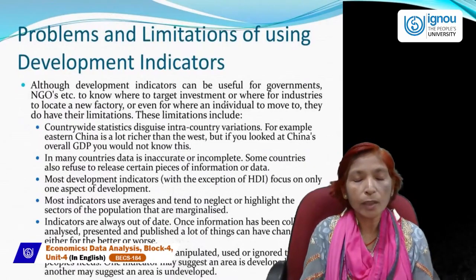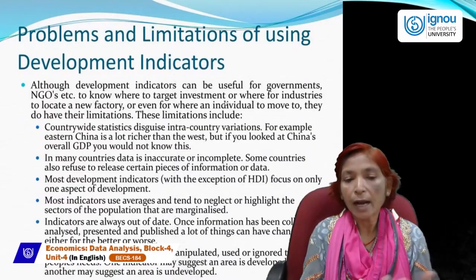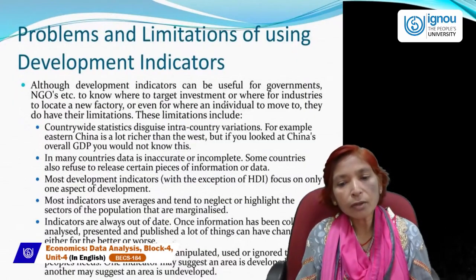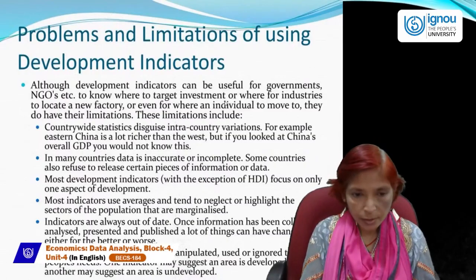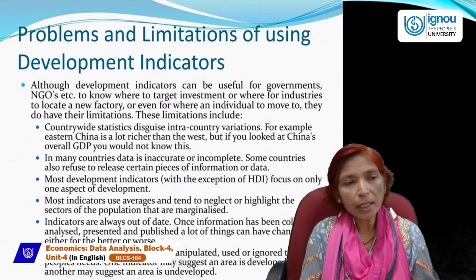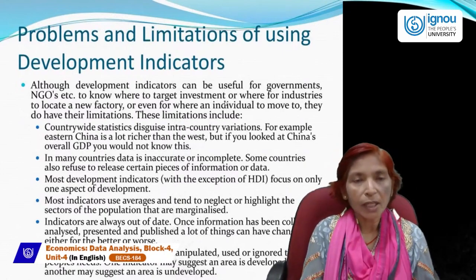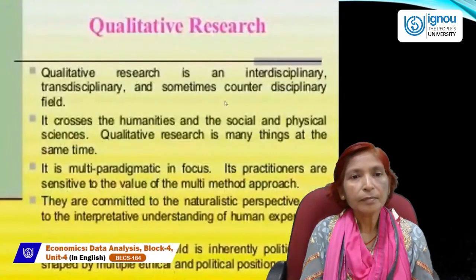Most indicators use averages, and averages may not be true, and tend to neglect the sectors of the population that are marginalized. So there are many limitations of these development indicators. They do not always tell us the true picture of a country's development.